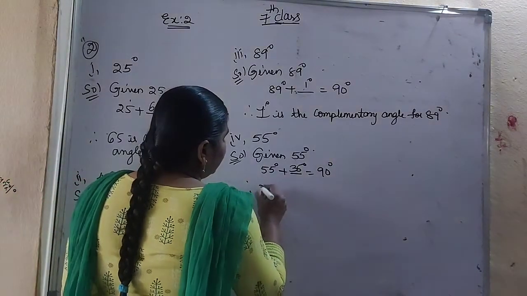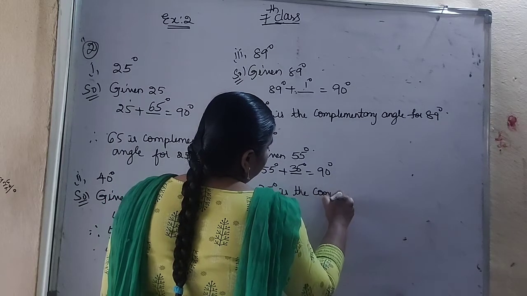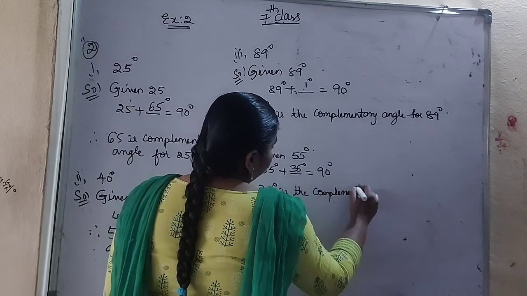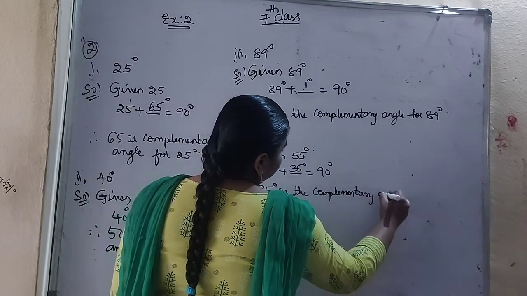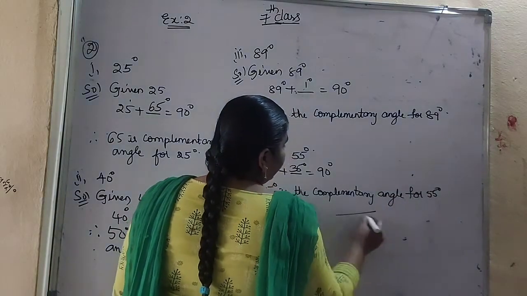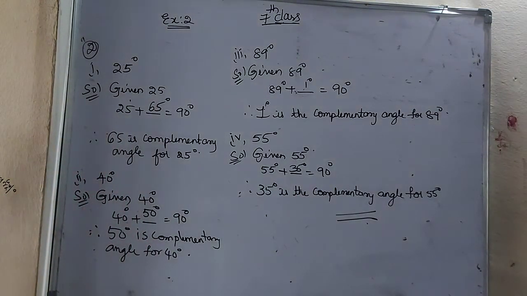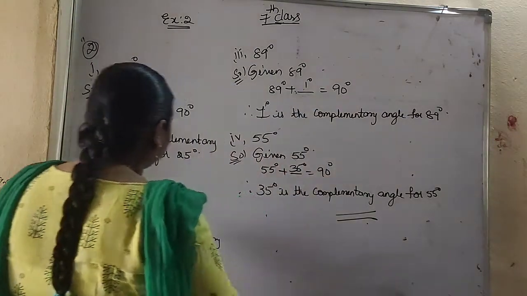Therefore, 35 degrees is the complementary angle for 55 degrees. So this is our fourth solution. Okay, so next bit.